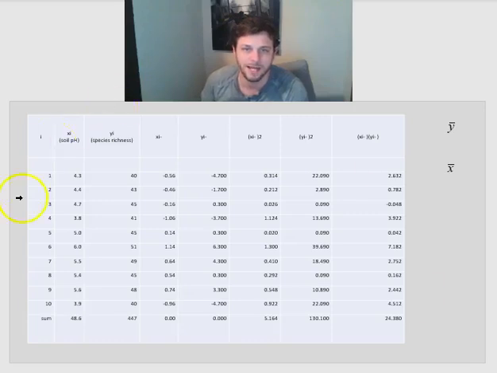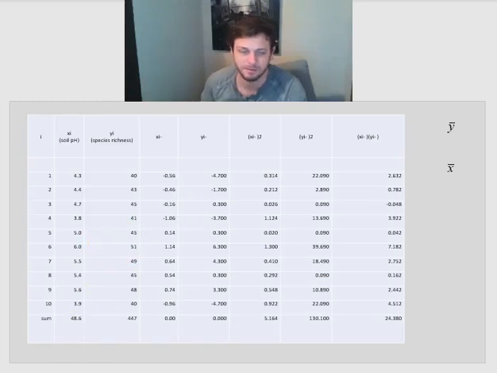So here we have a data table looking at soil pH and species richness. And so we want to know, is there a correlation between the pH in the soil and how many different species are found in that area?